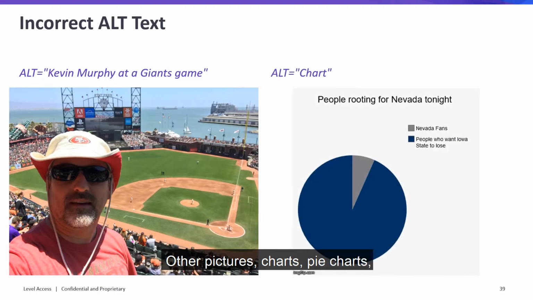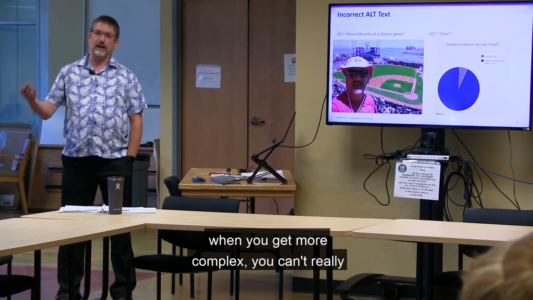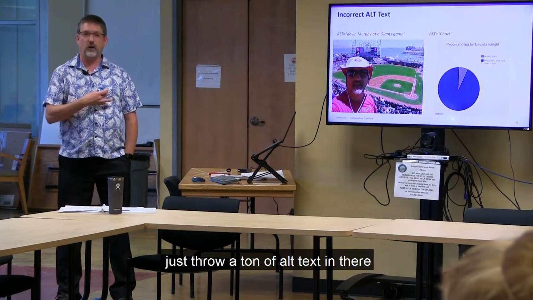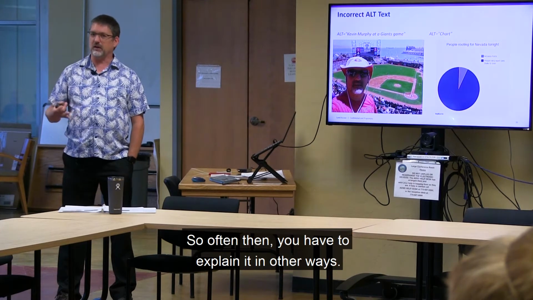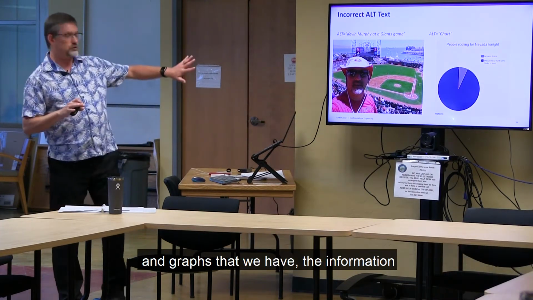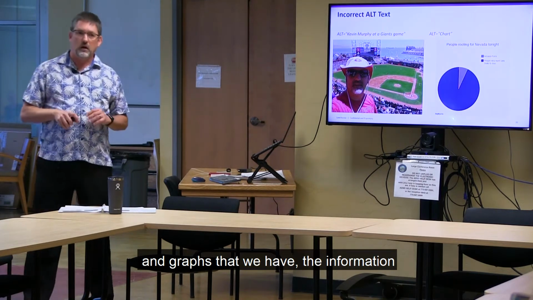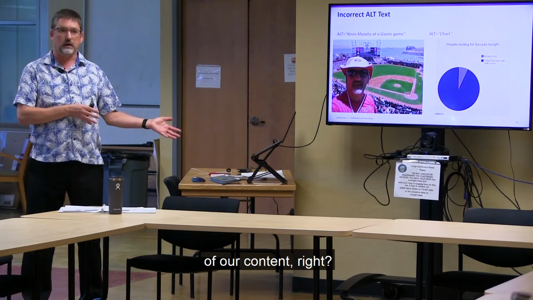Other pictures, charts, pie charts. When you get more complex, you can't really just throw a ton of alt text in there to explain it. So often then you have to explain it in other ways. A lot of times with charts and graphs, the information that we need is actually in the body copy of our content, right?